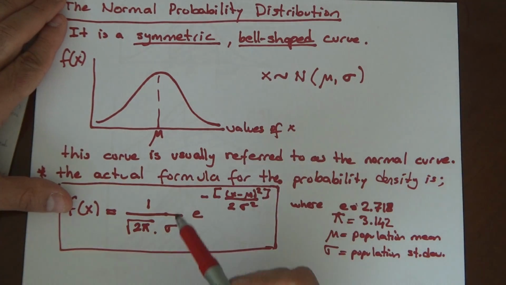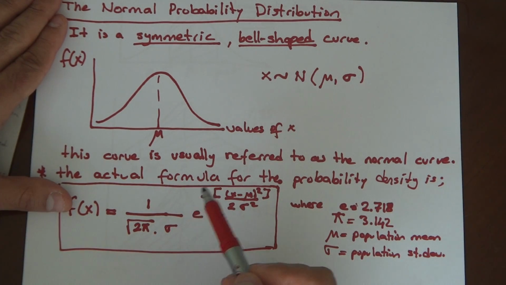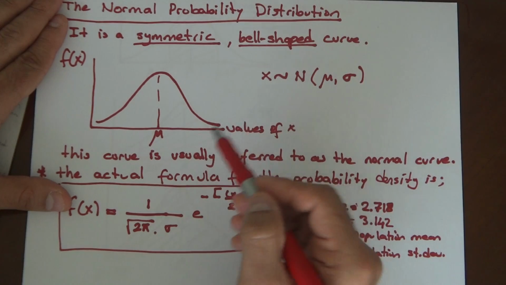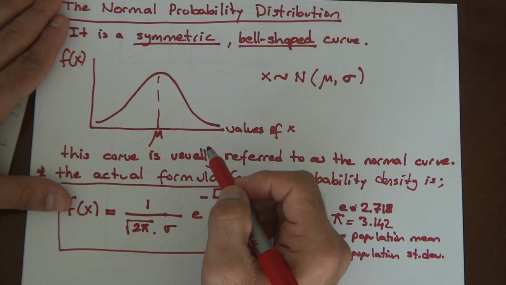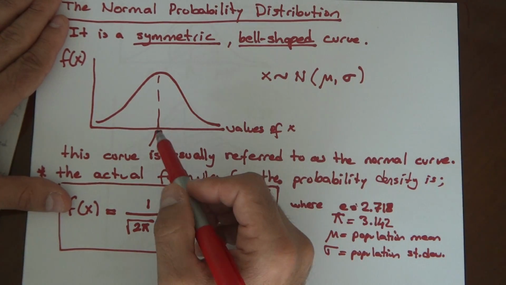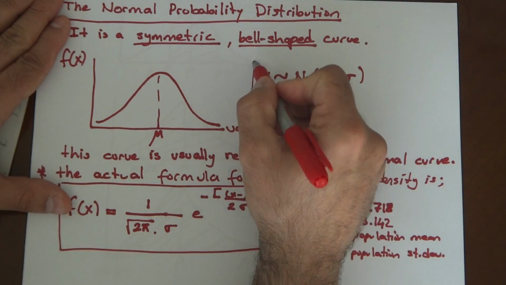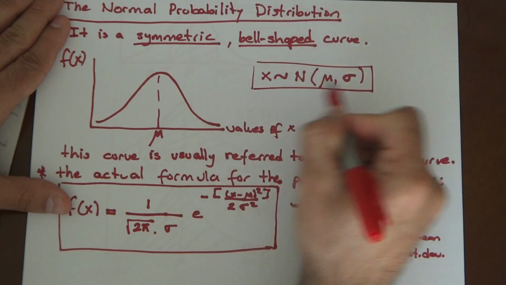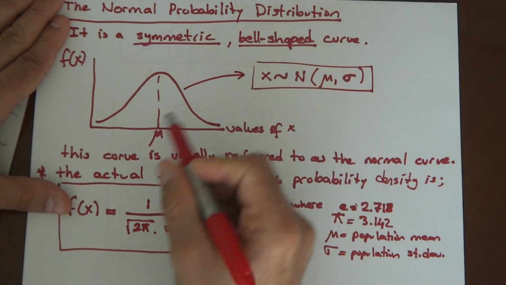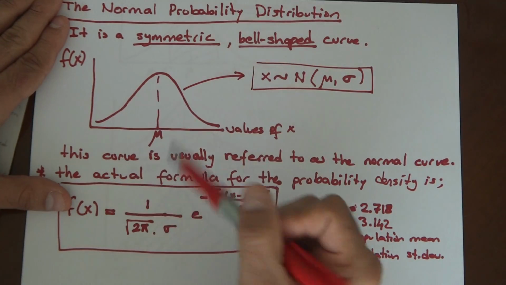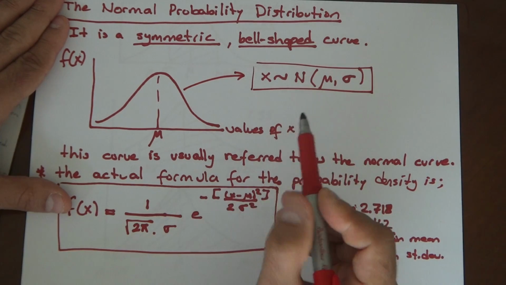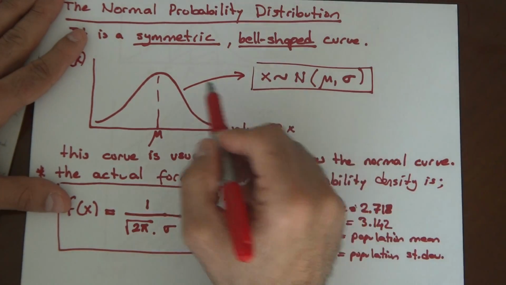The most important thing here is we have special symbols for showing the normal probability distribution. This bell-shaped curve, this normal probability distribution, is always shown like this.